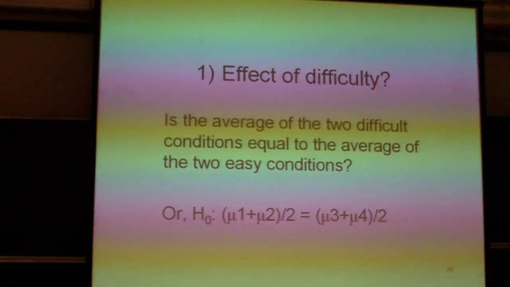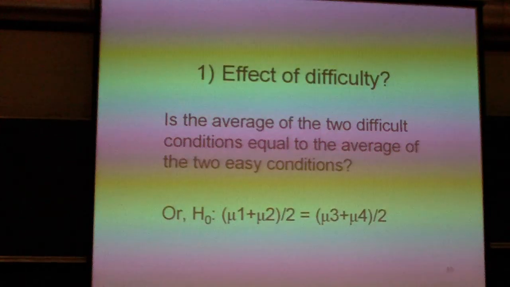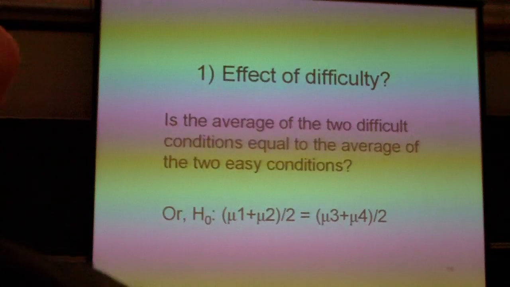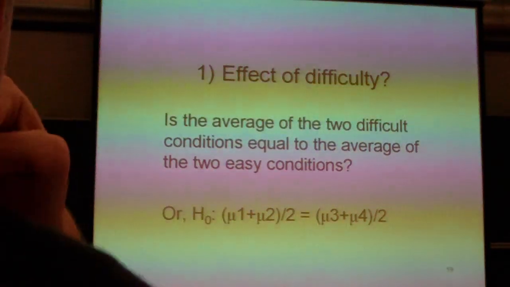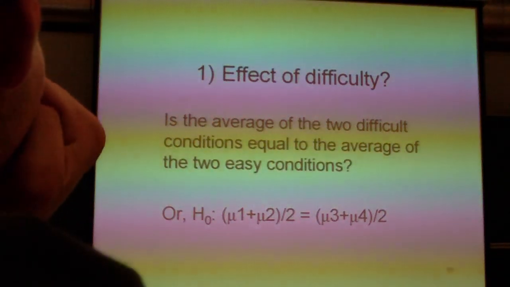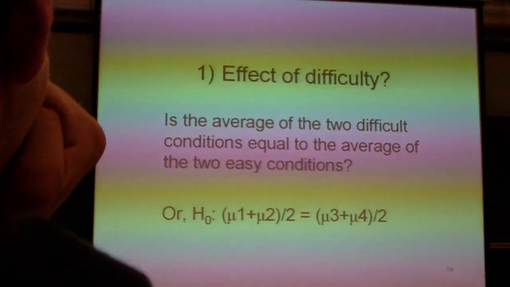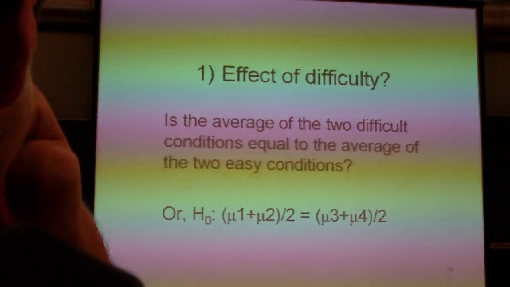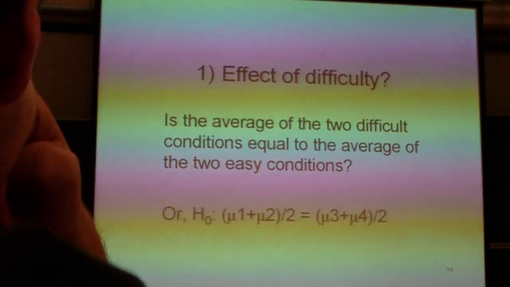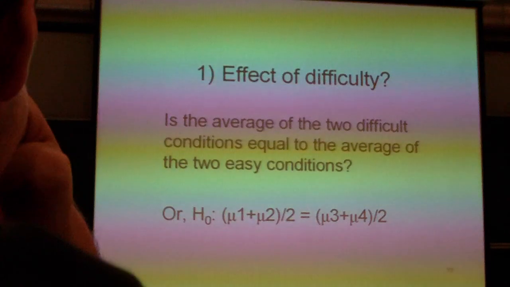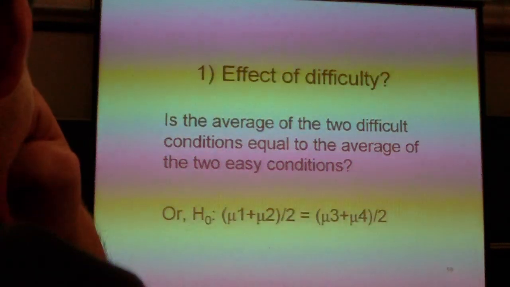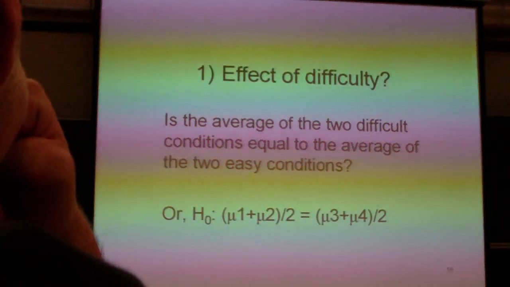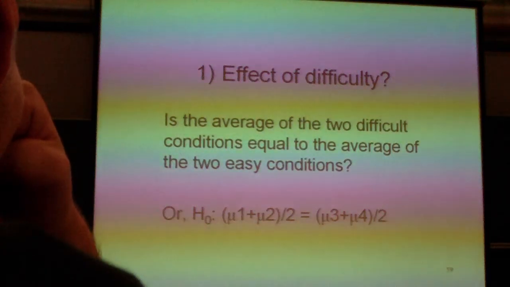Now, if I want to investigate the effect of difficulty, this means that what I actually want to do is to lump together the 2 groups that receive the same labyrinth condition, either difficult or easy, take the average of the 2 averages and compare these to each other. Is the average of the 2 difficult conditions equal to the average of the 2 easy conditions? That's what I would want to investigate.